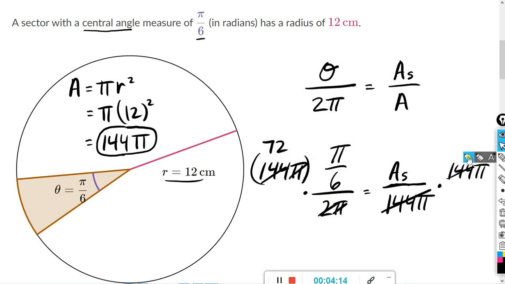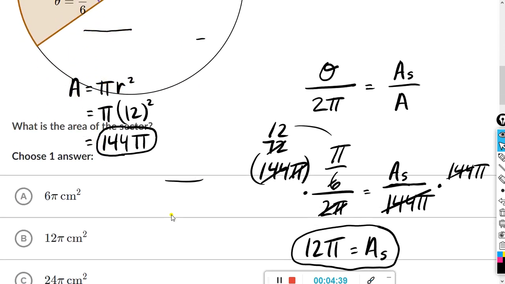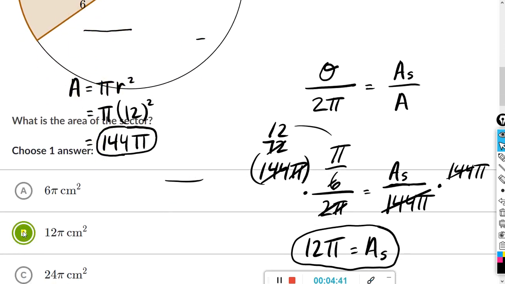And let's see what else. This is a numerator, this is a denominator. 72 divided by 6 is 12. So everything canceled except for 12 times pi. And that equals the area of the sector. Final answer. So let's see. So it's multiple choice, 12 pi.